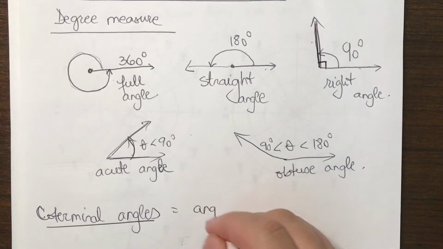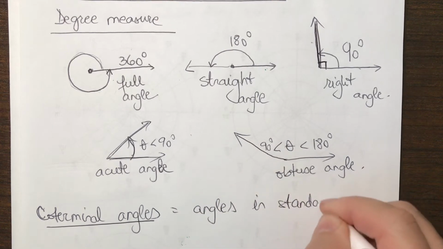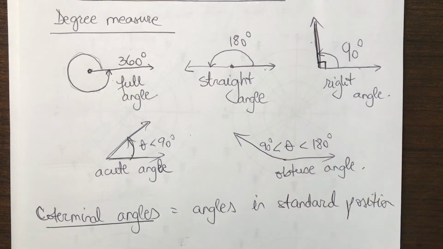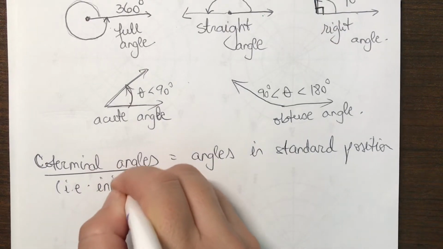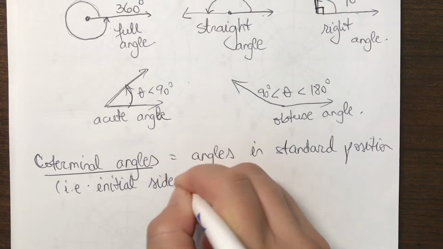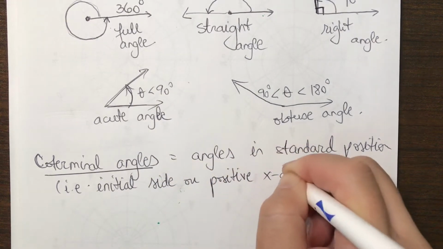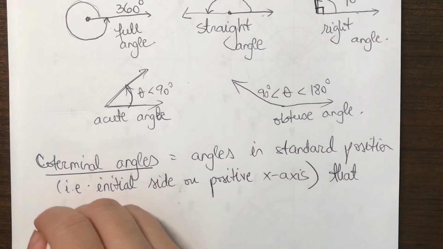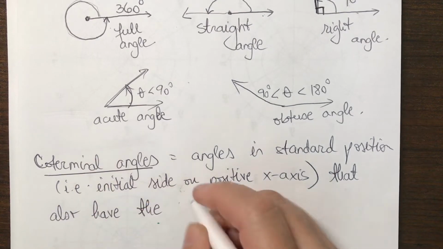These are angles in standard position, in other words, they already have the initial side on the positive x-axis. So they have the same initial side, that also have the same terminal side.